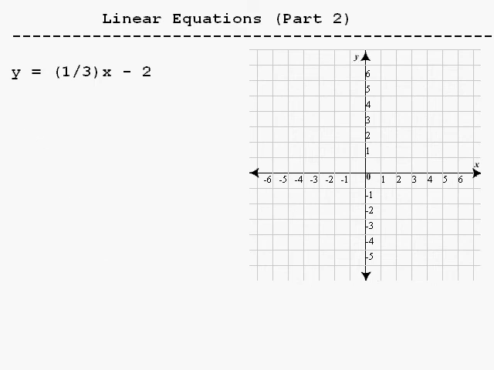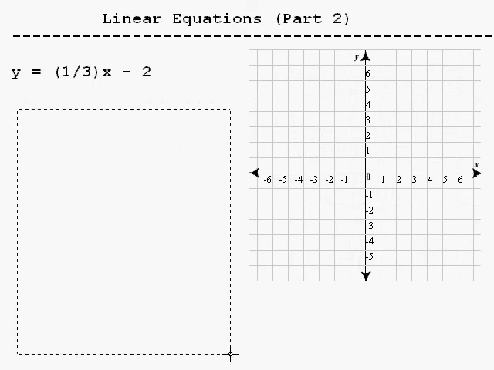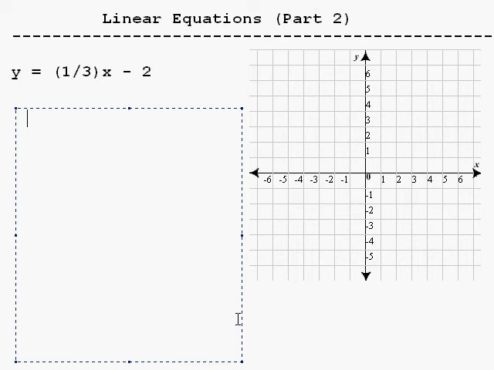So let's make a quick chart again like we did before of x and y values. Okay, so if x is, say, minus 3, then y will be negative 3 times 1/3, which is negative 1, minus 2 is negative 3.